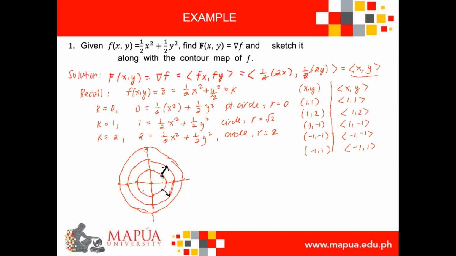Then we measure negative 1 as the components of your vector, so to the left, and then downward. Then we have negative 1, 1. So suppose this is negative 1, 1. Then we also have negative 1, 1: to the left, negative 1, then upward 1 unit.